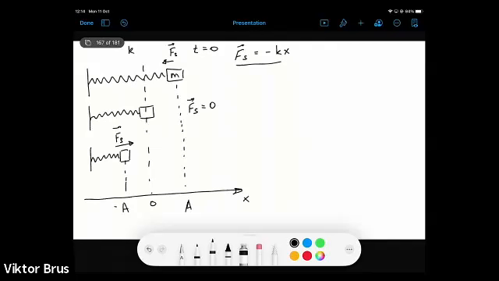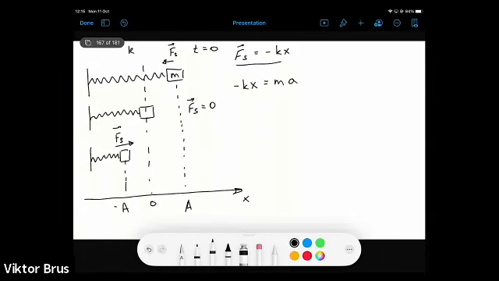So now we know the force which acts on the block attached to this spring as a function of position. And by using the second law of motion, we can write the following equation. Minus k times x is equal to the mass of the block, because we consider that the mass of the spring is 0, times acceleration a.